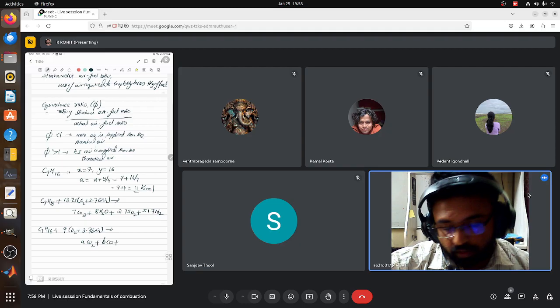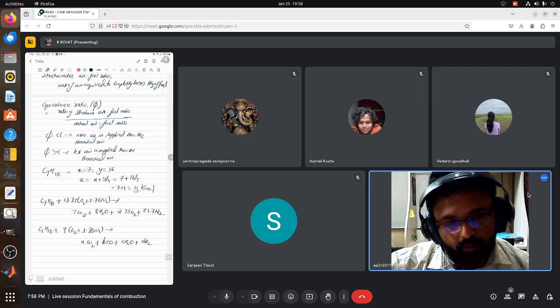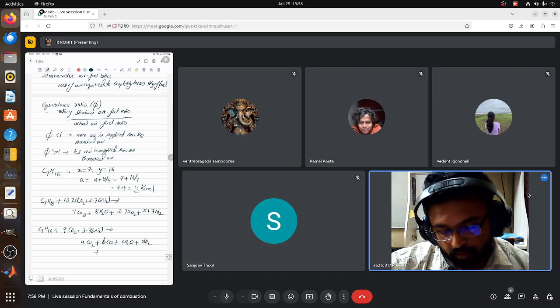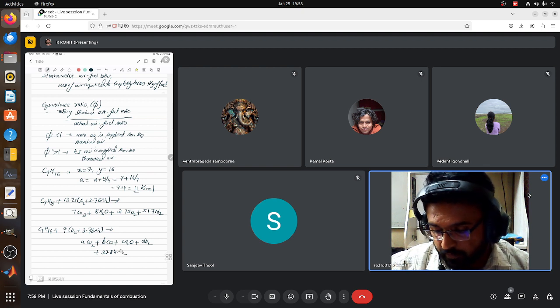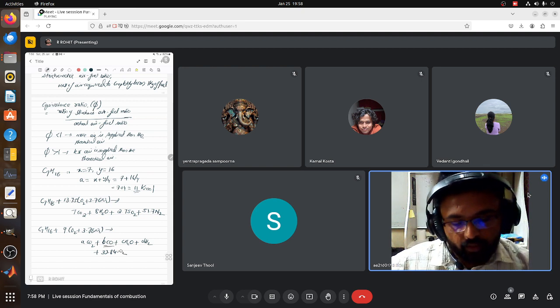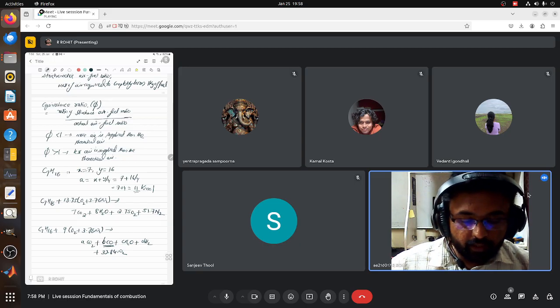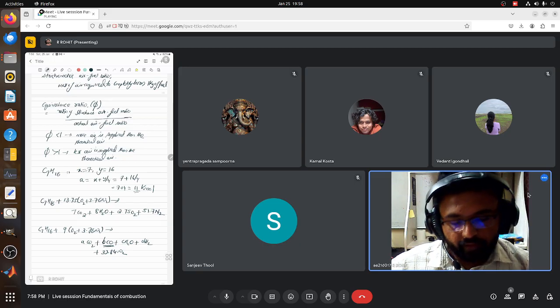It decomposes into carbon monoxide, and then you can have water H2O plus H2 coming out, plus some 33.84 times nitrogen released. So this is the difference that you will see when you are dealing with a lesser amount of air and complete combustion is not happening.